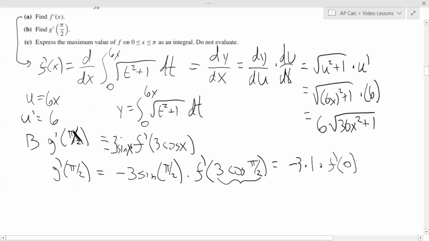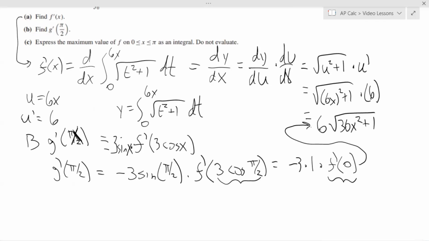Okay, now f prime of 0, this is f prime of x right here. We just figured that out in part A. If I plug 0 into that, I would have 6 times the square root of 1, which is just 6. So it's negative 3 times 1 times 6 gives us negative 18.